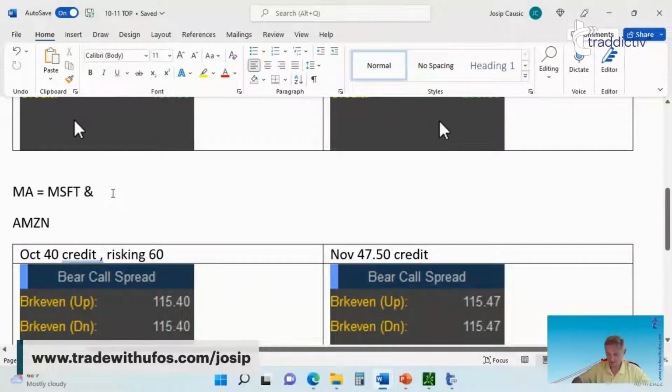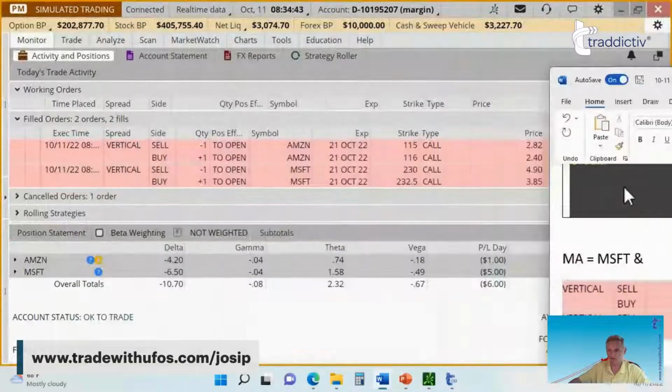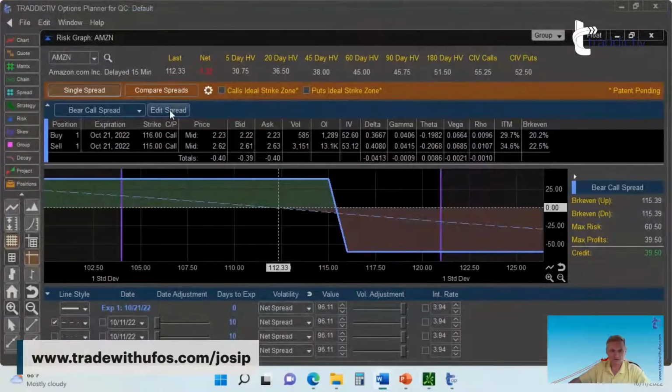We have a Microsoft on the top and we have Amazon on the bottom. Obviously, the one that I like the most is Amazon. So we paid 282, which is a nice number, and we had to give back 240 in order to keep the 42 cents. So knowing this, let me just now enter this information right here.